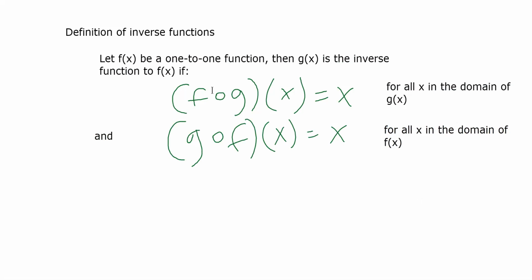Think about the process, f of g of x. If I put a 3 in here, that 3 first goes into g, and then whatever that produces goes into f, but then it's supposed to come all the way back and produce the original 3 I plugged in to start with. Same if I go the other direction, putting f of x into g of x. This is what it means for them to undo each other's effects. We just start back with the original term we plugged into them.